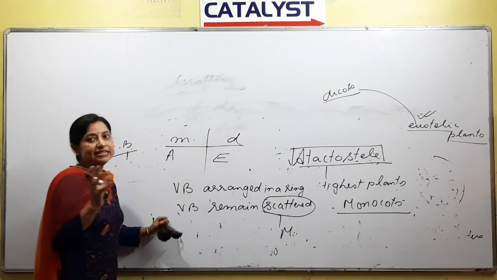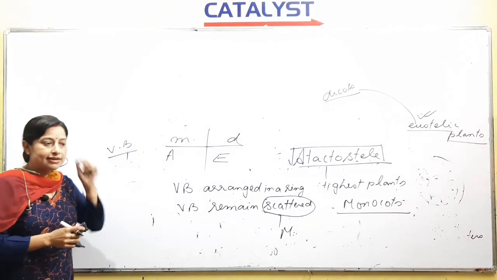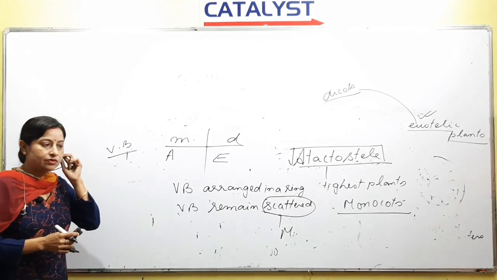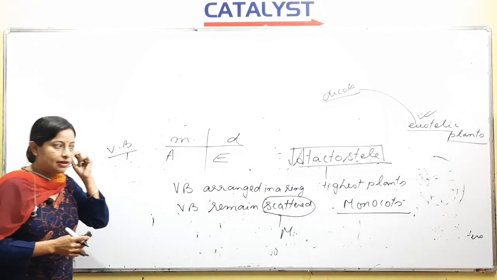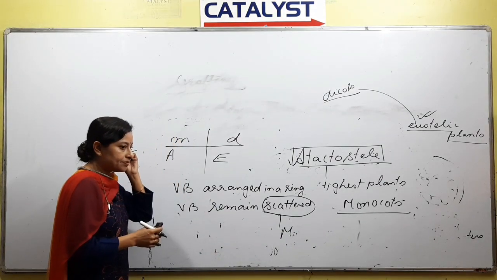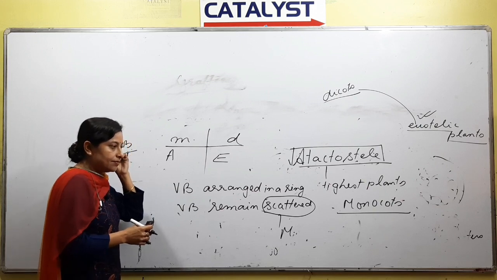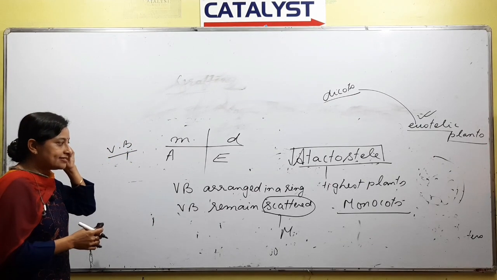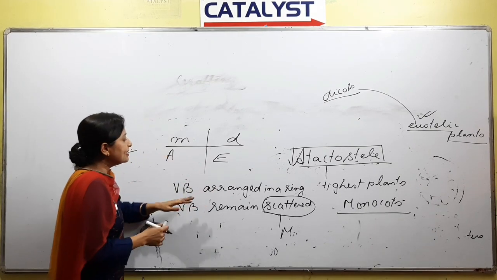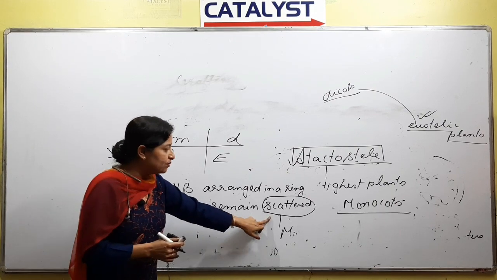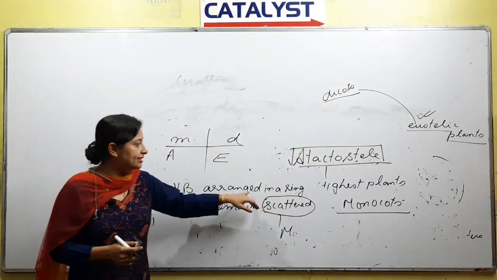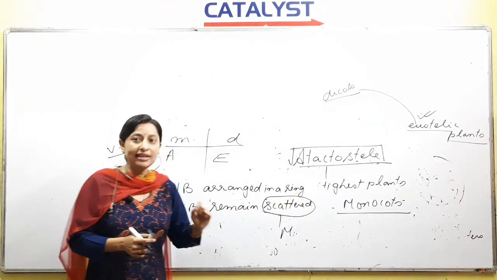And when vascular bundles are arranged in a ring, that is a characteristic of dicot.